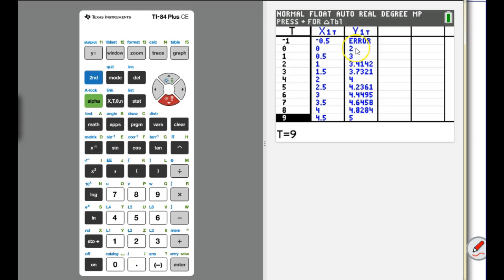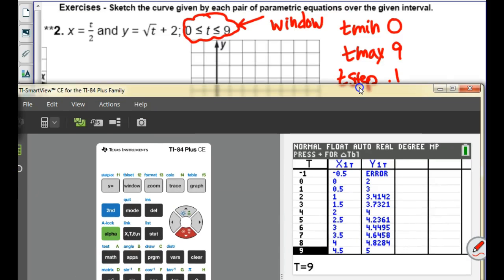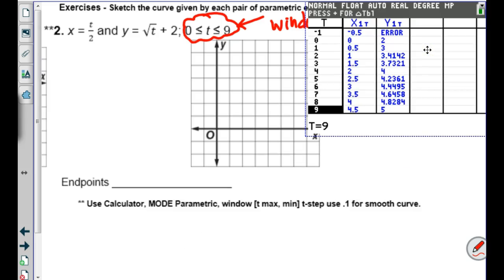There's very few of them that are nice. So for graphing it on our graph paper, we have 0, 2 is nice. And then 0.53. And then the next nice one is 2, 4. And then 4.5, 5, 2, 4.5, 5.